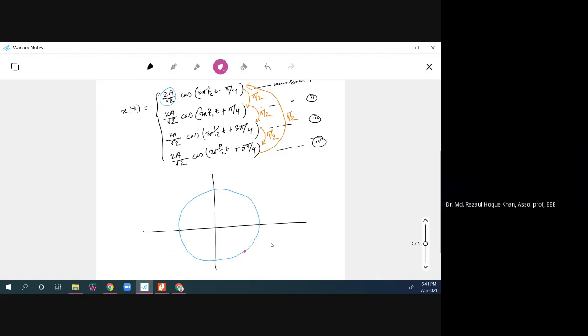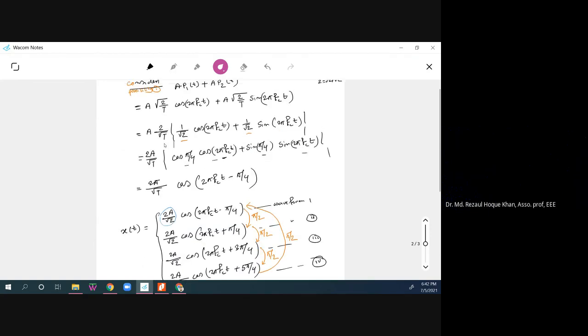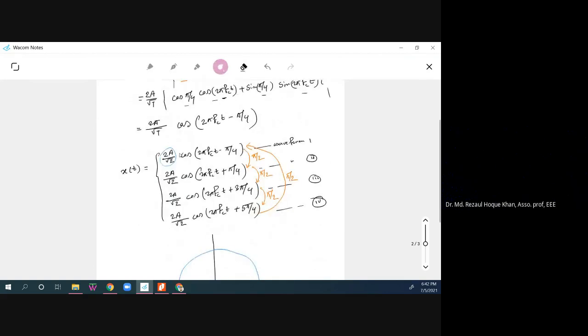Here, which has an amplitude of twice a square root of t. I made some mistake. These are not 2, these are actually square root of t.